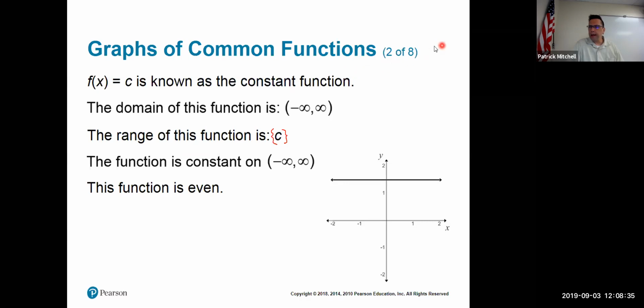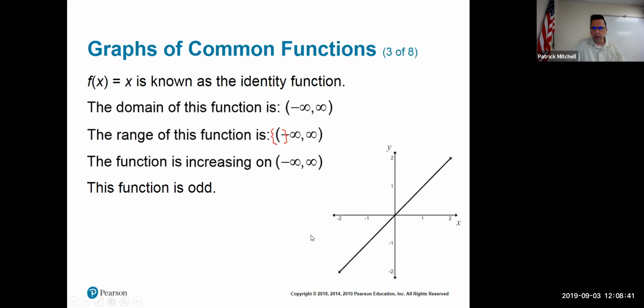The next one, which is not incorporated into the activity, is called the identity function. So f of x equals x is using function notation for y equals x. I've mentioned the line y equals x a few times in trigonometry, sometimes when I'm talking about the angle pi over 4.